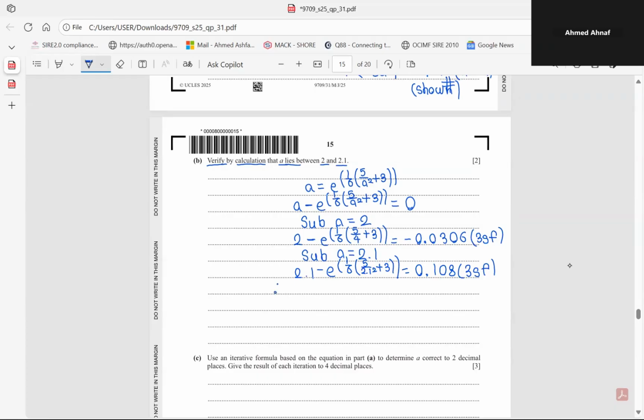So here we can say, since there is a sign change, a lies between 2 and 2.1, using the exact phrasing of the question. So this is our final answer for this part. Don't forget to write verified. Let's head on to the next part.